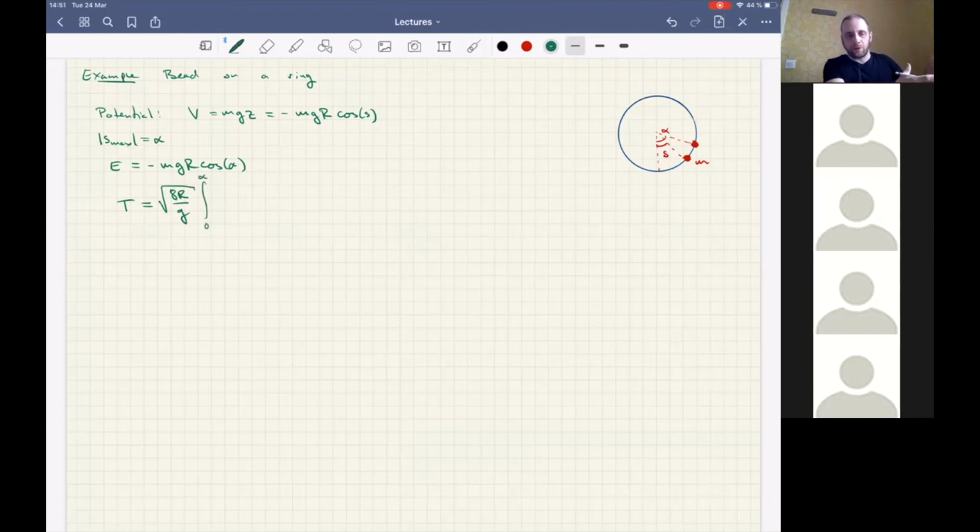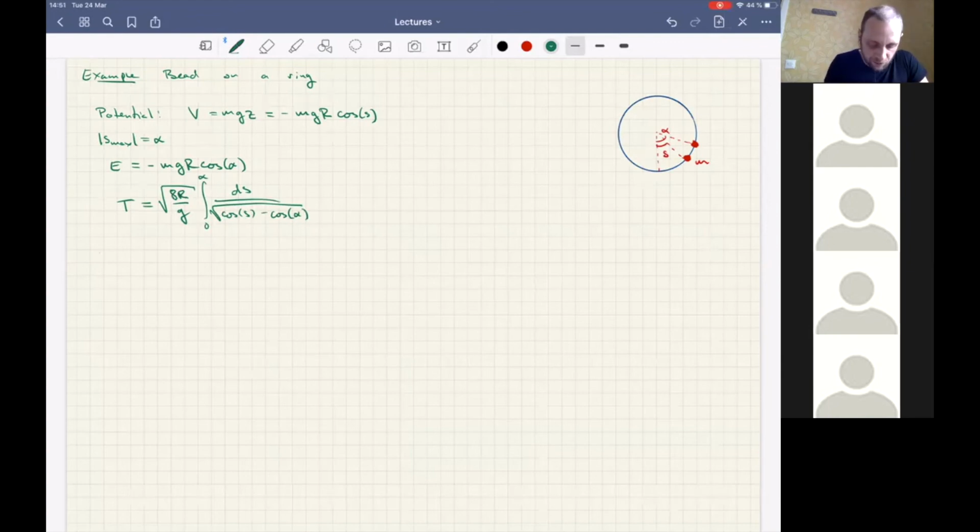A priori you'd have the integral from minus alpha to alpha, but since everything is symmetric here, it's sufficient to go from 0 to alpha and multiply by 2, which I have absorbed into this prefactor. Then ds divided by the square root of cosine s minus cosine alpha. So this would be the expression for this period.